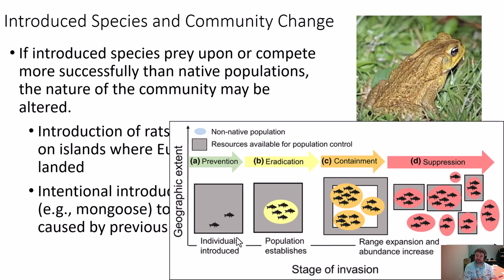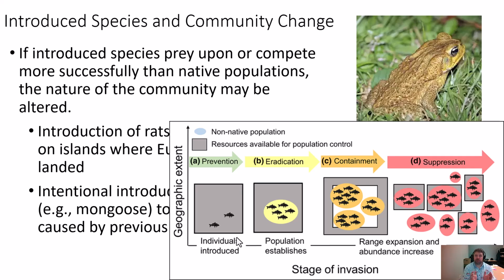Or maybe you can have real large population explosions of these native species. So locust outbreaks, mice outbreaks, cockroach outbreaks, and so you can have these huge explosions of native species, and we often call them pests.